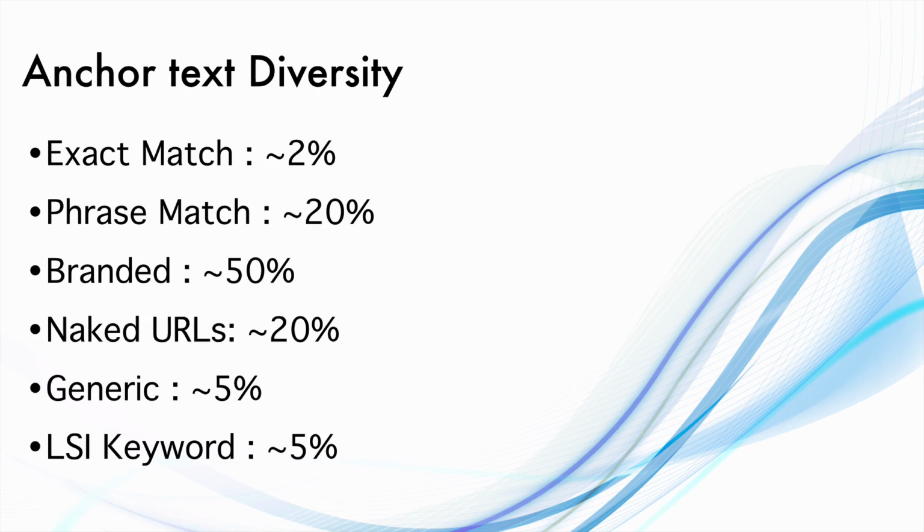So if you are building, say, 100 backlinks, for around 2% of the backlinks I will use the exact match, the keyword itself, as the anchor text. For about 20% of the backlinks, I would use a phrase wherein the keyword is mentioned, or a bigger group of words which I'm trying to rank for, as the anchor text.